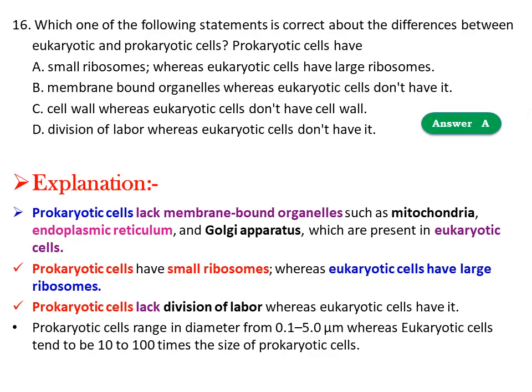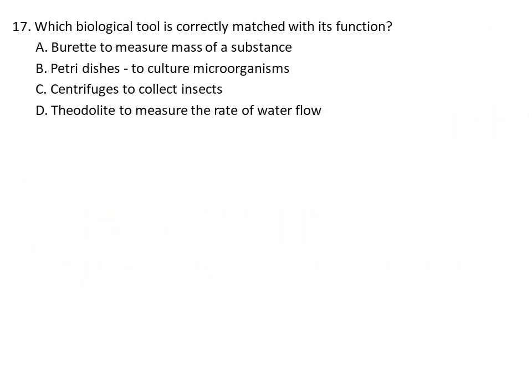Prokaryotic cells lack membrane-bound organelles such as mitochondria, endoplasmic reticulum, and Golgi apparatus, which are present in eukaryotic cells. Prokaryotic cells also have small ribosomes, whereas eukaryotic cells have large ribosomes. Prokaryotic cells also lack a nuclear envelope, whereas eukaryotic cells have it. These are all the differences, so that should be A.